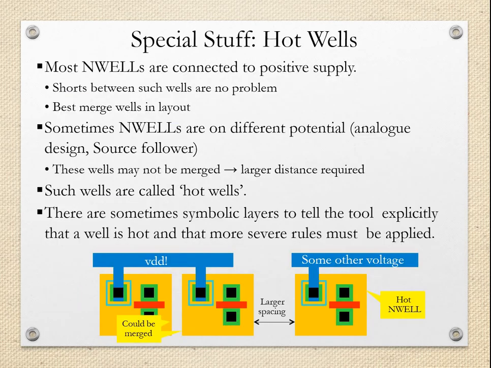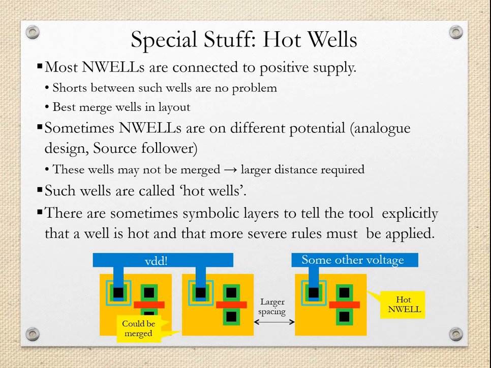Then the special stuff, hot wells. Most N wells are connected to the positive supply. That is, the shorts between such wells are no problem, and it is best to merge wells in the layout. So we can see these are the two N wells shown in the first picture, and we can combine these.